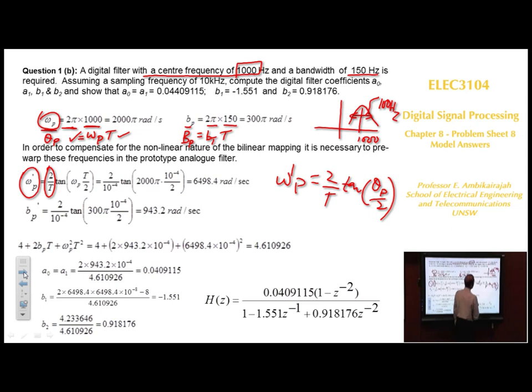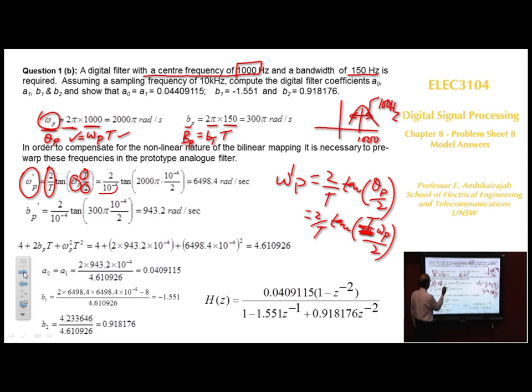We can rewrite this as 2 over T tan(2 pi f_p T over 2). We can do that way as well. So that's what we have done here. We just say that theta p is omega p T, so it is omega p T over 2.